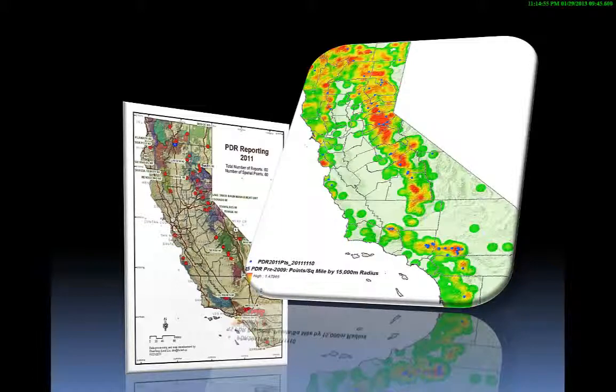Now on the right is a much more interesting example of how you can use the data with GIS. The blue dots are all the PDR reports from 2011, and underneath it is a hotspot density map generated from all the historic pest condition reports.